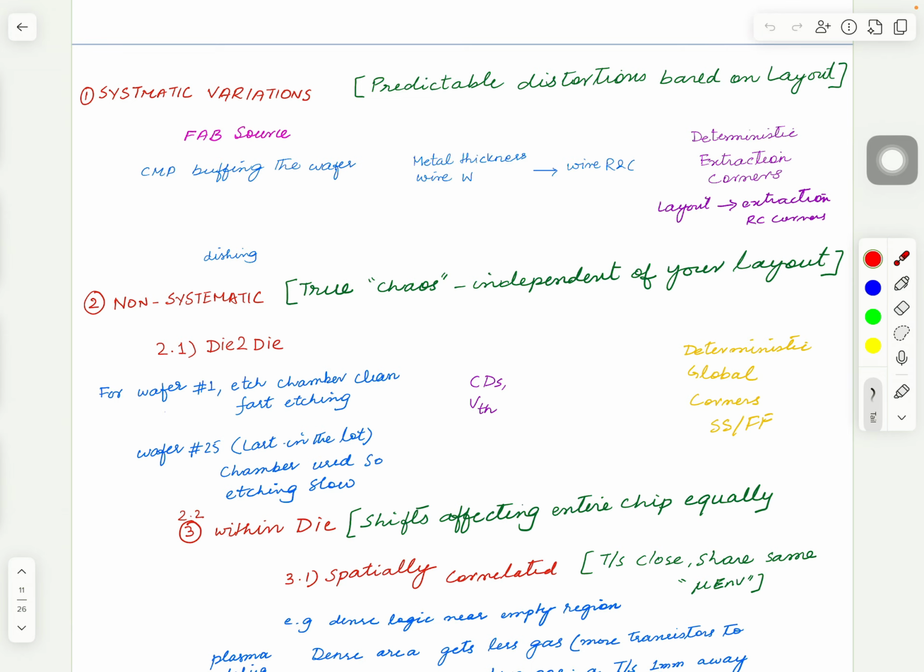Okay, so again, the first one is systematic variation. You have a layout. Once you have a layout, you can predict, for example, this example I gave, and I forgot to do the picture on it. Chemical mechanical polishing. So what happens is once you etch some areas, right?